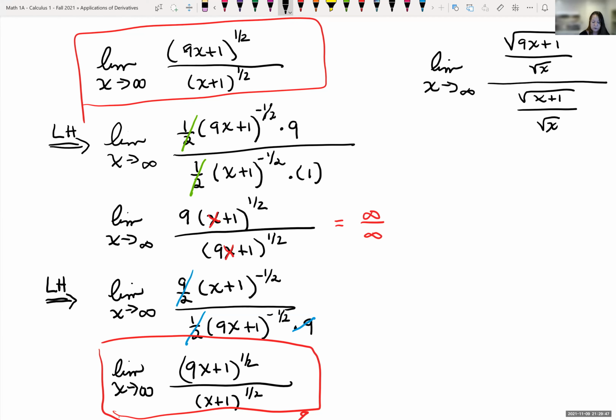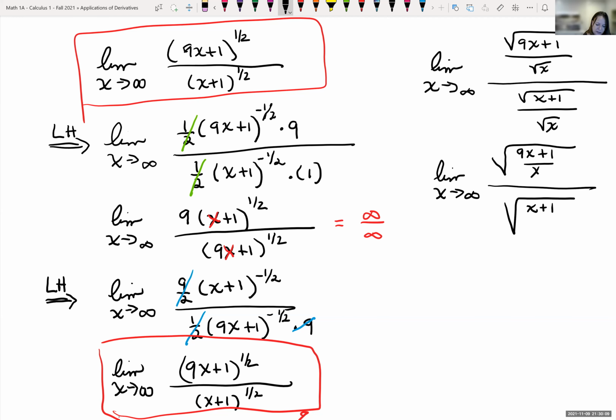So I'm going to use rules of radicals. If I have a square root divided by a square root, I can rewrite that as a single square root. So this is the limit as x is going to infinity of the square root of 9x plus 1 all over x divided by the square root of x plus 1 all divided by x.